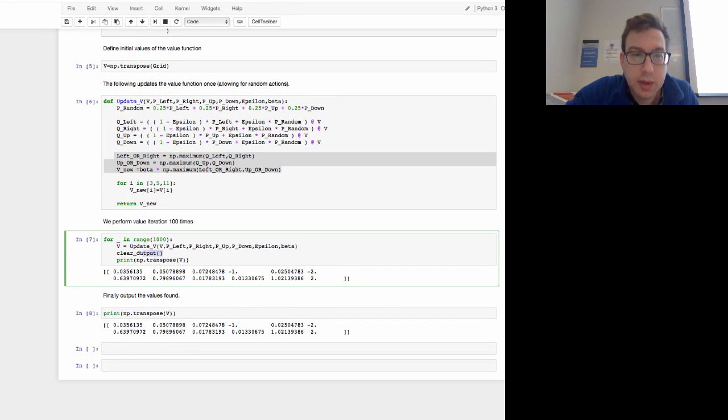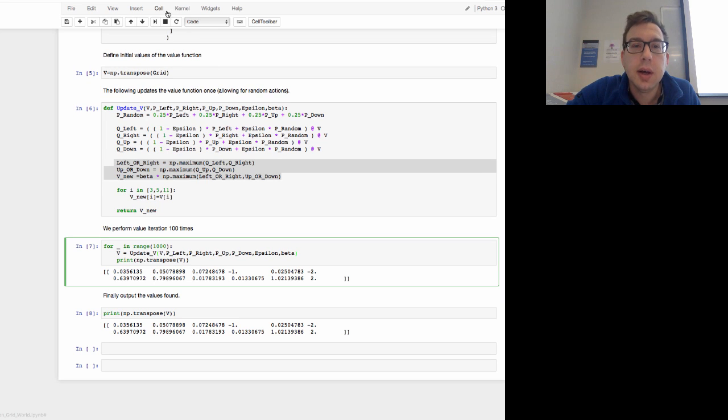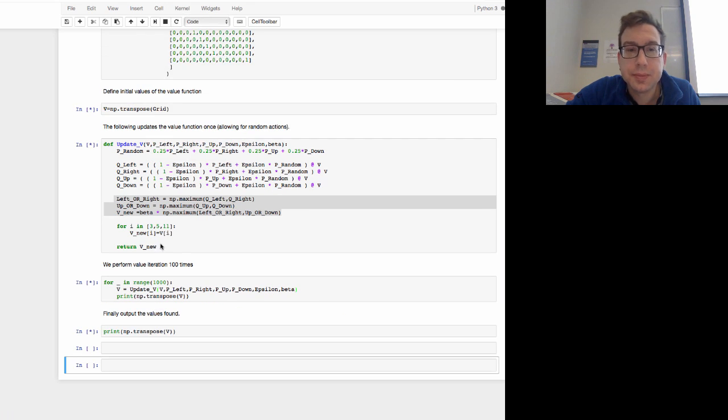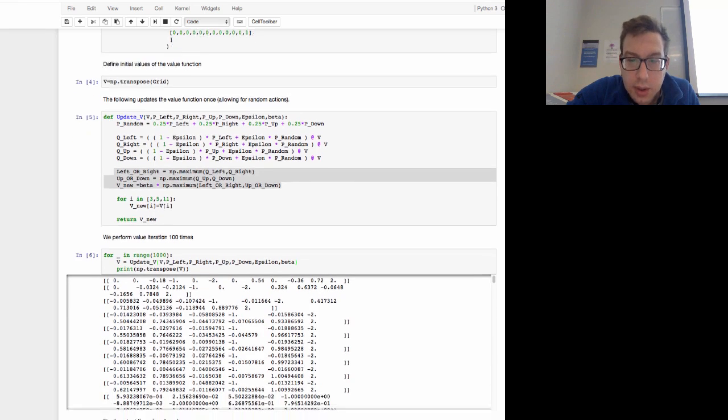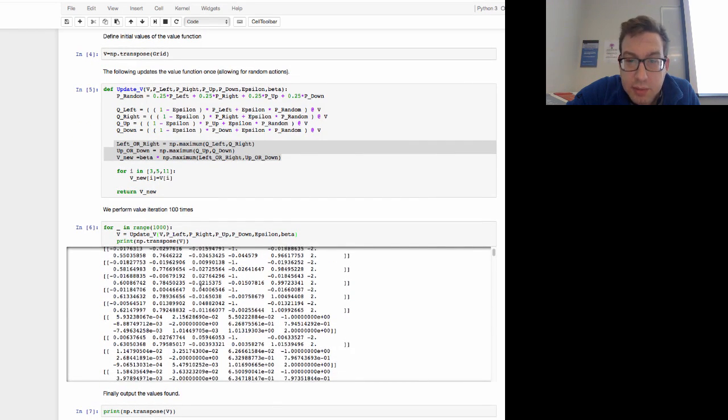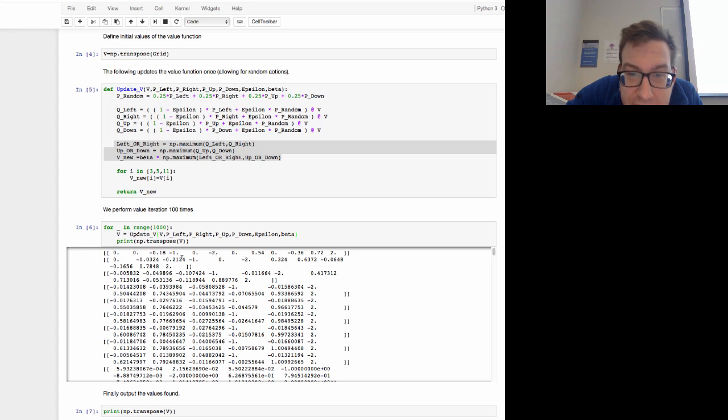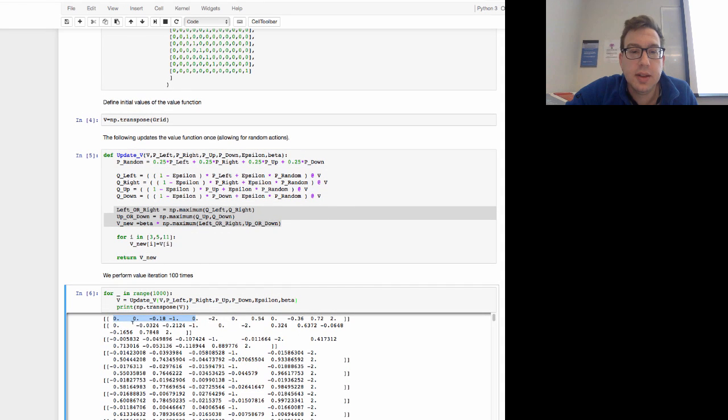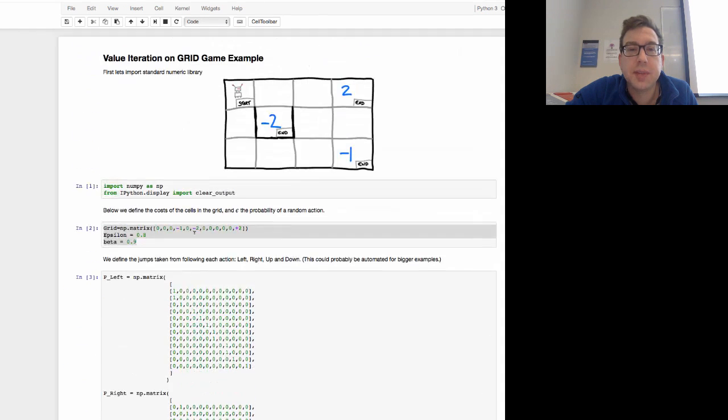I'll delete this clear output line for now, and we'll just run it all. So you see what it's doing. It would be better if this was over one line, but notice it's a 4 times 3 grid here.